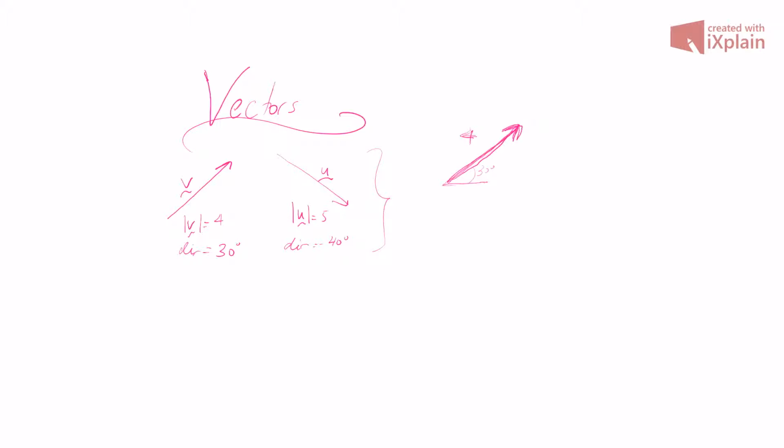So I'm going to draw U now, and it's got a negative direction, so it's negative 40, and it's a little bit longer than V. So I've tried to draw it there, a little bit longer than V, 5 units, and it's going down negative 40 degrees.